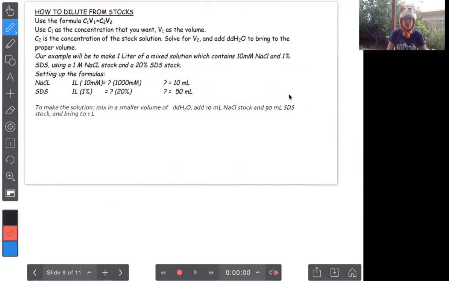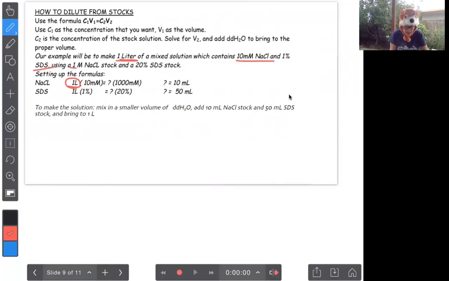If we want 1 liter of a mixed solution, so our final volume, 1 liter, and we wanted to both have sodium chloride and SDS. So again, we're doing that mix, all in the same thing.